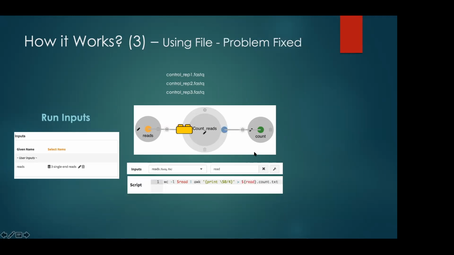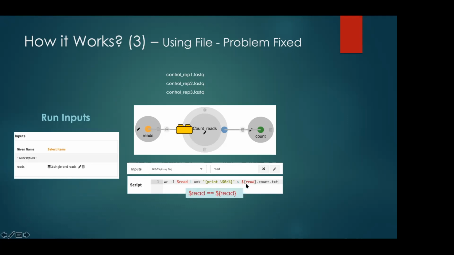So the solution is adding some prefix to this count.txt file. One simple solution would be like this. Since this read keyword has a description for the read file itself, and it has a value for the control_rep1.fastq, if we use it over here as a prefix, all the count files are going to look different, and they won't overwrite each other.